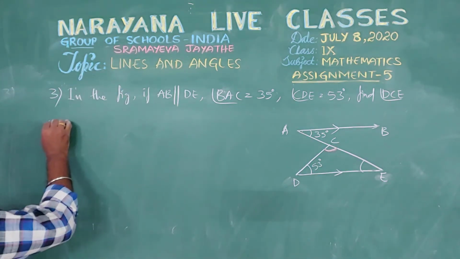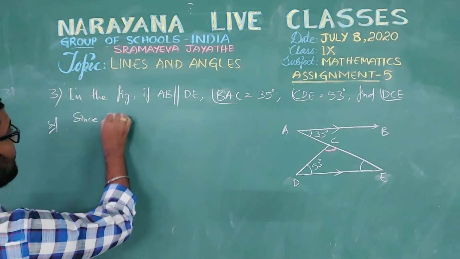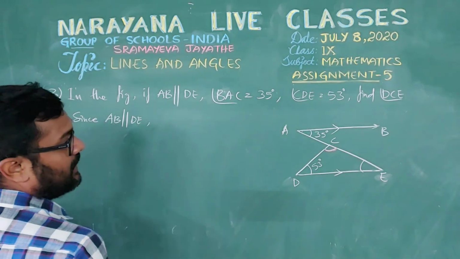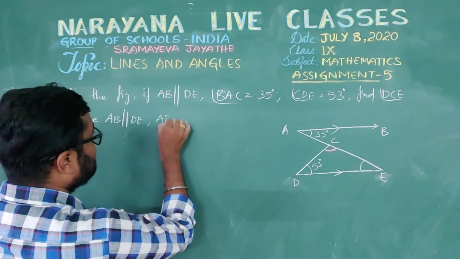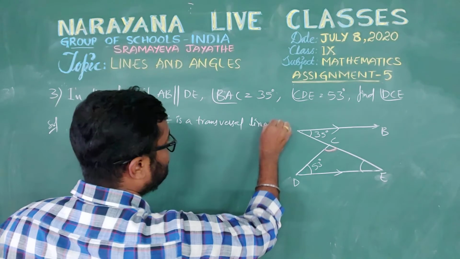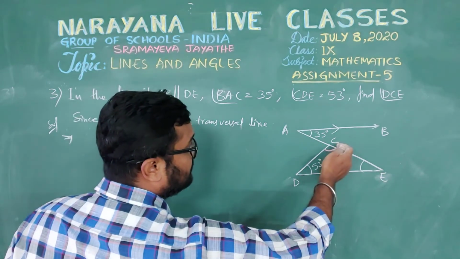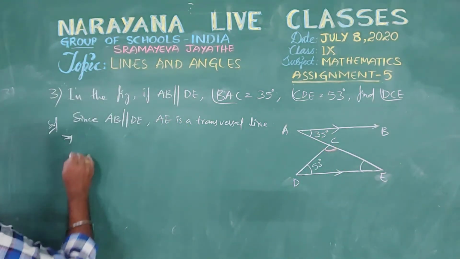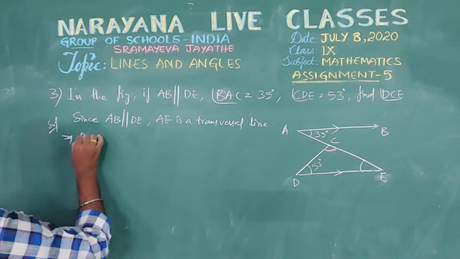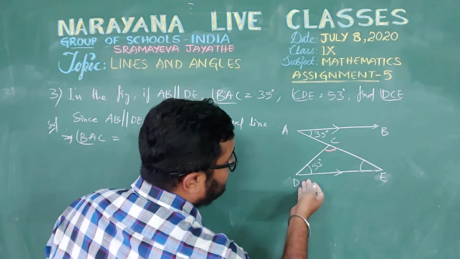So let's find it. Solution. Since AB is parallel to DE, and AE is a transversal line, then angle BAC, or you can take BAE, BAC and BAE are the same, is equal to angle DEA.